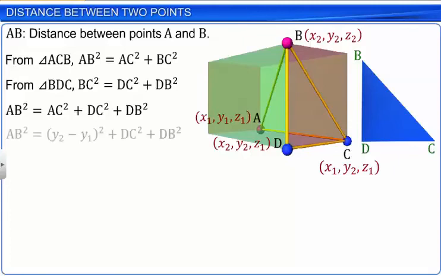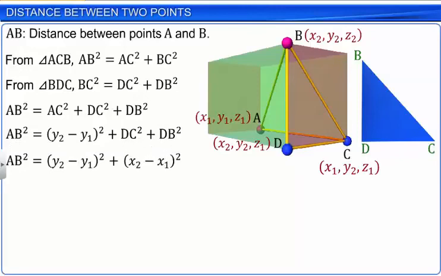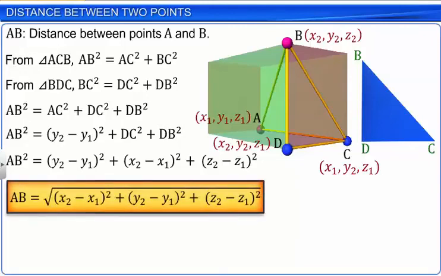Similarly, length DC is given by x2 minus x1 and DB is given by z2 minus z1. Hence the distance between any 2 points is as shown. As a special case, the distance of a point from the origin can be found as shown.